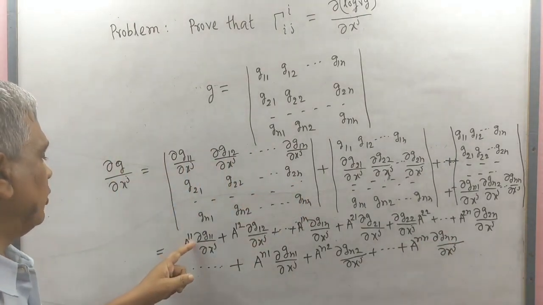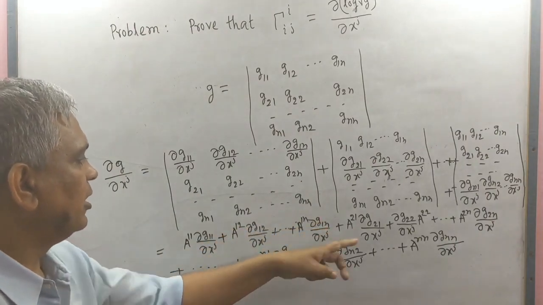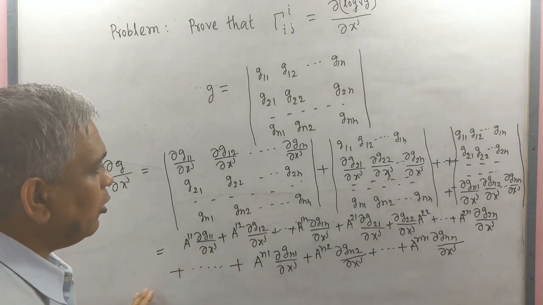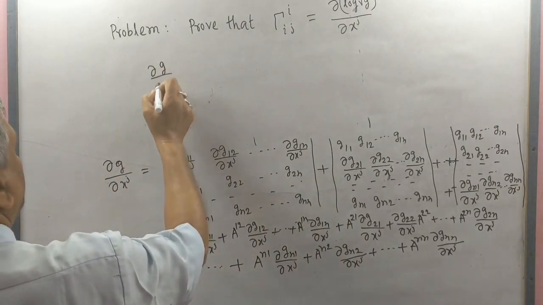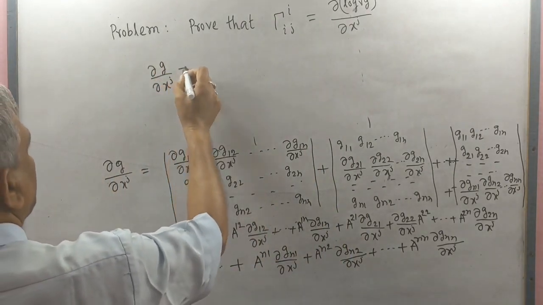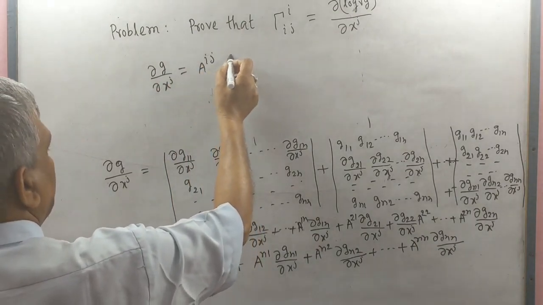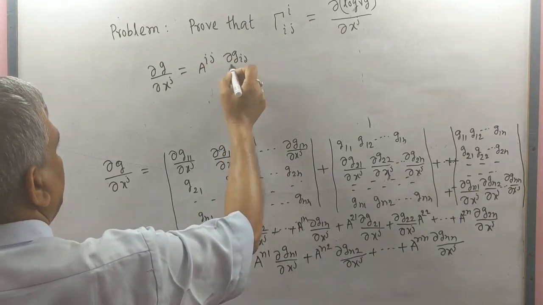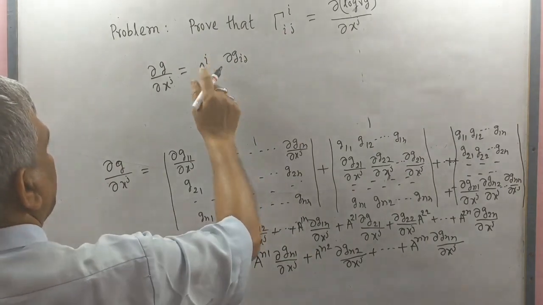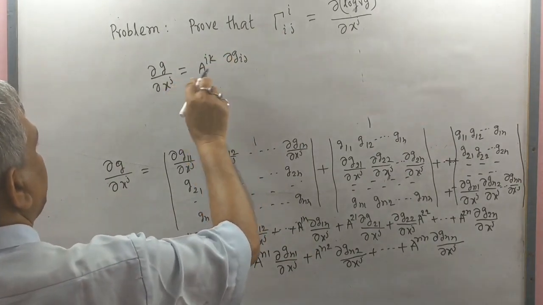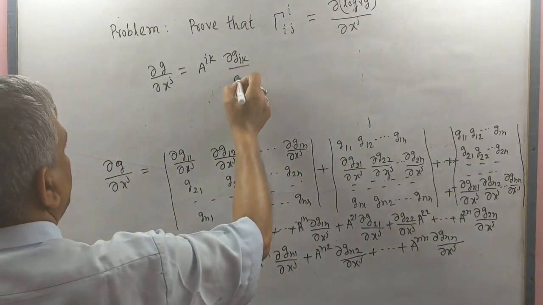Here we see that a11 g11, a12 g12, a1n g1n, and so on. So we may write all these terms in short form: del g by del xj equal to Aik del gik by del xj. Here we have already used the j suffix, so this will be del gik by del xj.